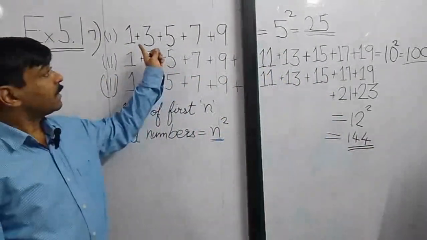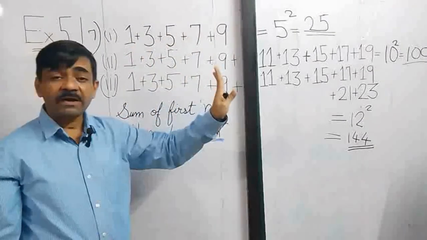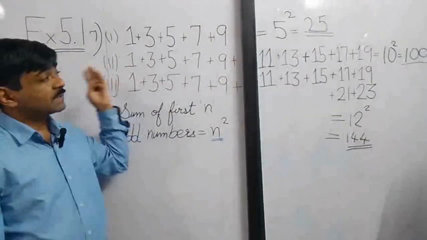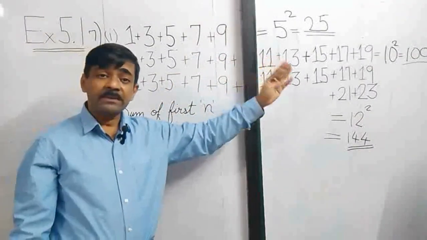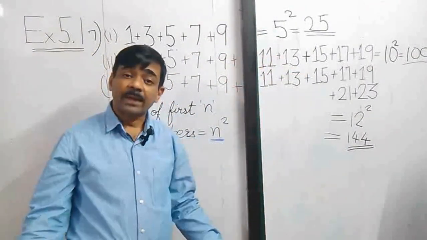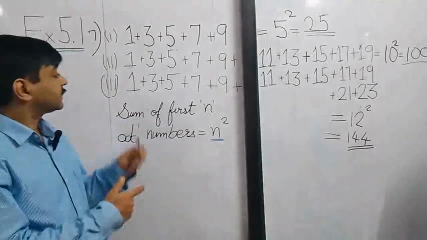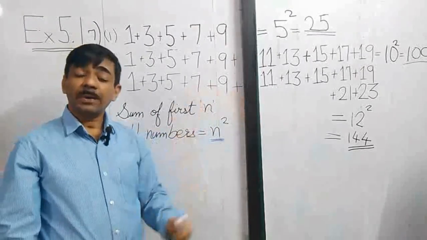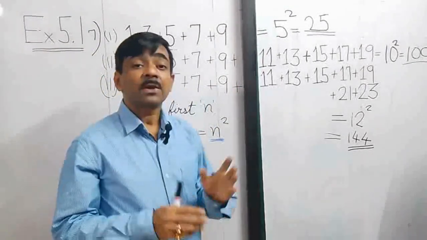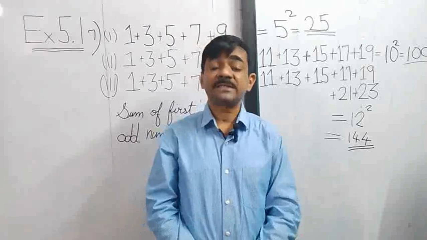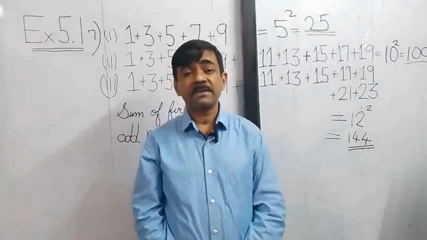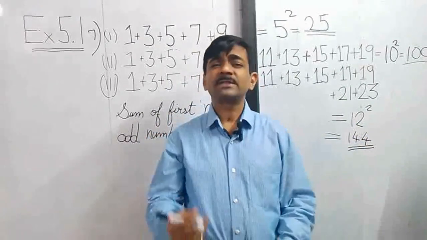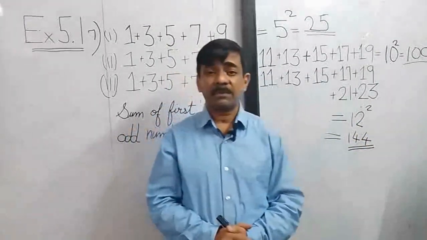The first sum which says sum of first 5 odd numbers is 5 square, 25. Second question says first 10 odd numbers, the sum is 10 square, which is 100. And the third question which says there are 12 odd numbers, when you add them, you will have the sum of n odd numbers as n square, which is 144. In short, suppose there are 20 odd numbers.